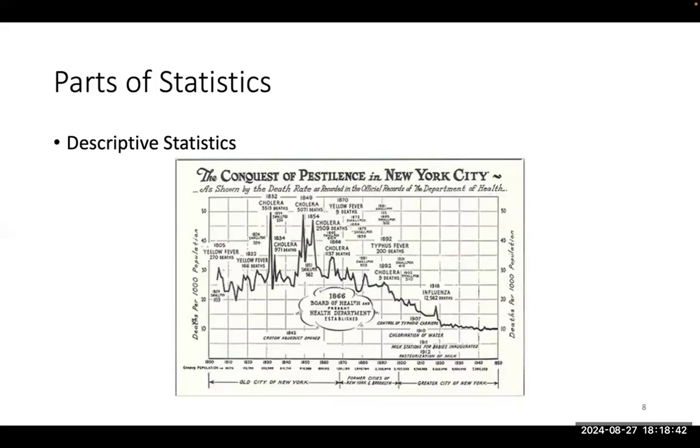So mortality rate here in the context of this graph: you have your deaths per 1,000 population as a function of time. So you see, starting with 1800 up until 1955, mortality rates in New York City over time. Mortality rate is here quantified as the number of deaths in one particular year divided by the amount of people living in the city during that time.